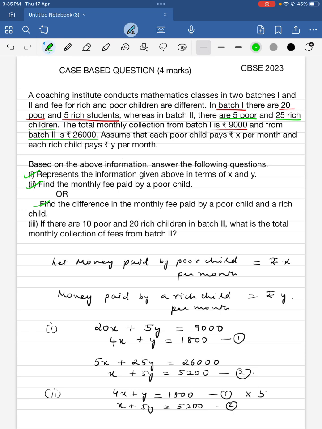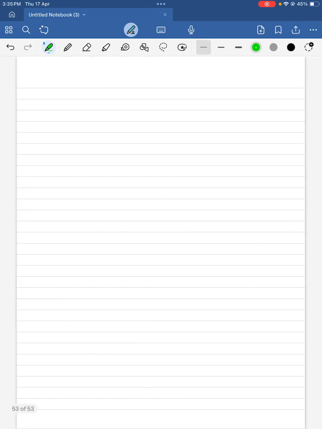Now in the last part they have said, if there are 10 poor and 20 rich children in batch 2, then what is the total money collection of fees from batch 2? They've said there are 10 poor and 20 rich children in batch 2.